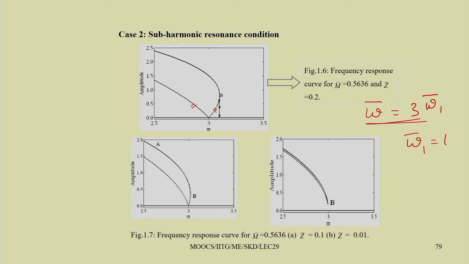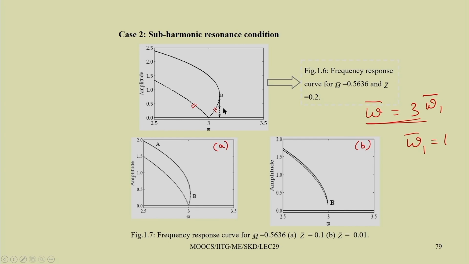In curve A, z equal to 0.1, and in curve B, z equal to 0.01. So, it is decreased. This is curve A, this is curve B. The previous frequency response curve had m bar equal to 0.563 and z bar equal to 0.2.